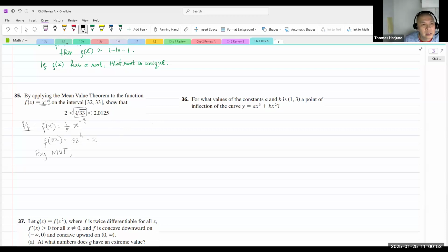The mean value theorem says that there is a c between 32 and 33 such that f33 minus f32 over 33 minus 32 equals f prime c.